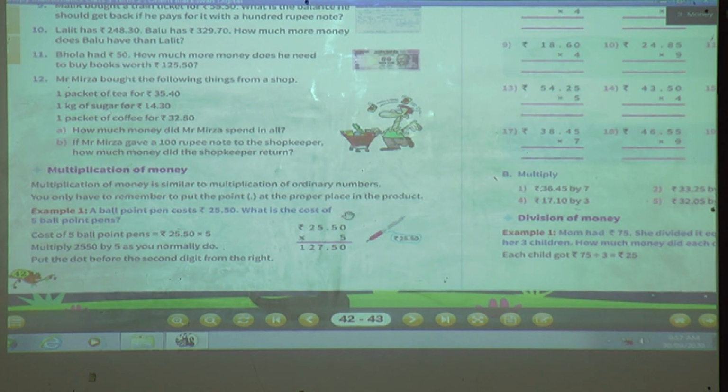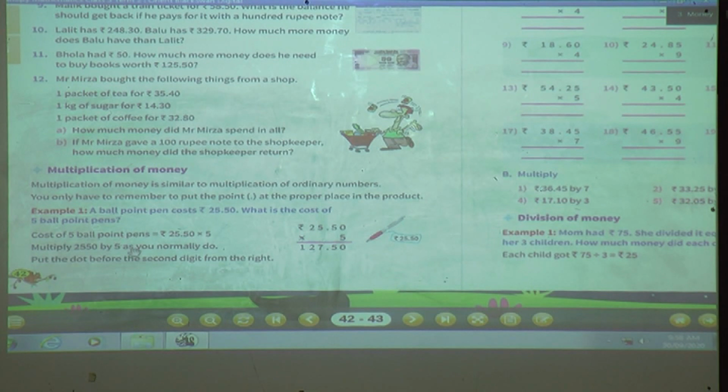After multiplication, whatever product or answer we get, you have to give a dot or point at the proper place.